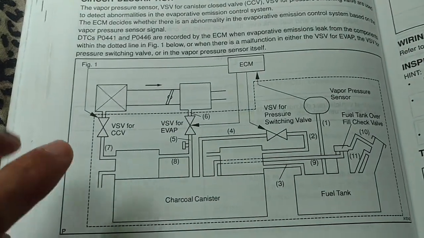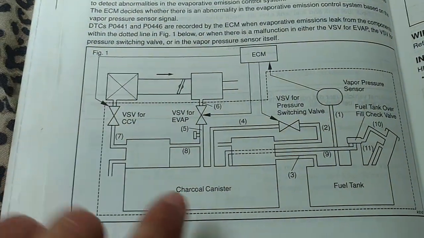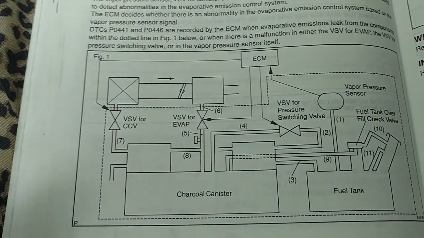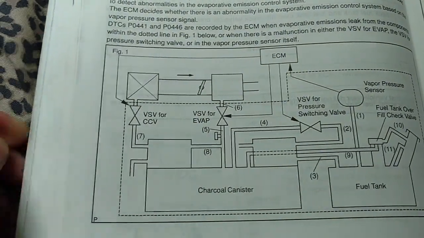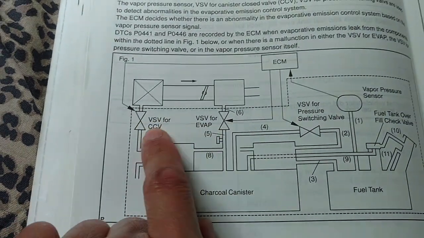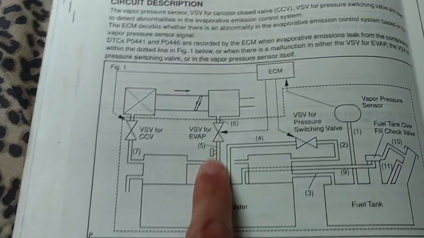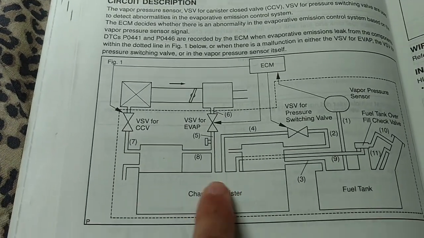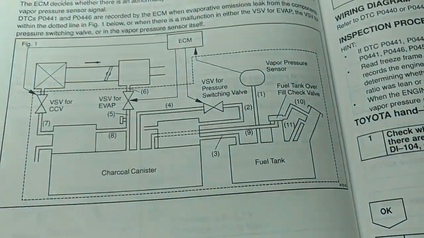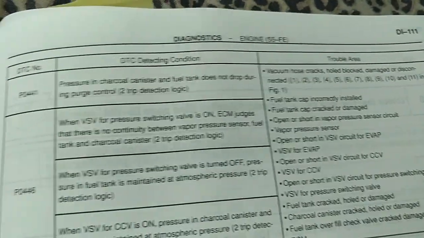The two lines that go to the engine, one is breathing and the other one is vapor, make sure there is no rust hole or anything like that. And these two VSVs, one is for the breathing hose and the other one is for the vapor hose. Make sure all of these function well.